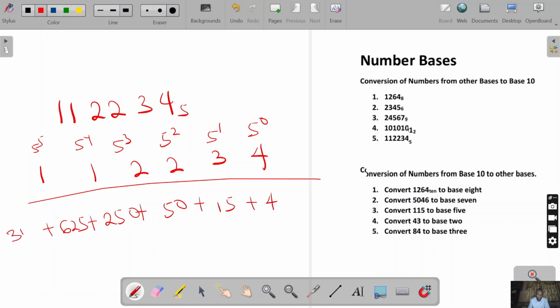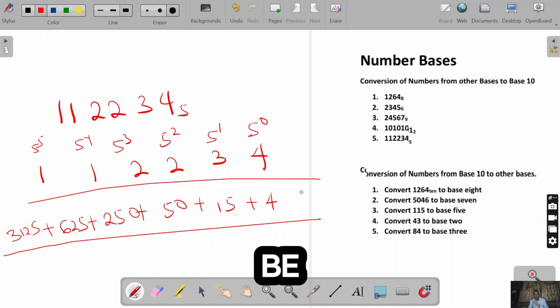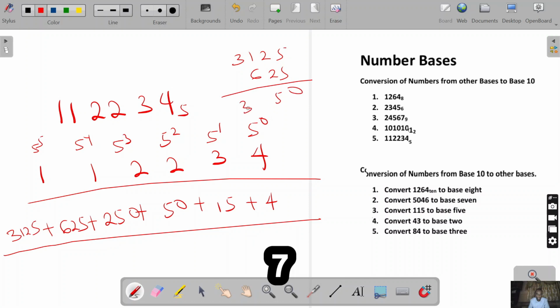So addition of this gives us the answer. This will be 4, 19, 69. Okay, this is 300, 315, 319. So we have 3125 plus 625, that will be 3750.